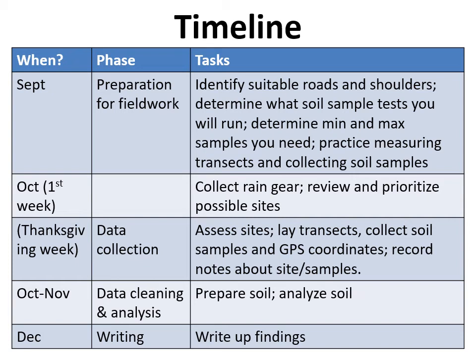Anyway, in this case, you would want to identify suitable roads and shoulders, probably by looking at maps. And you would want to identify roads that had been built before unleaded gasoline became the norm, because basically unleaded gasoline should not have lead in it, and should not cause lead pollution.